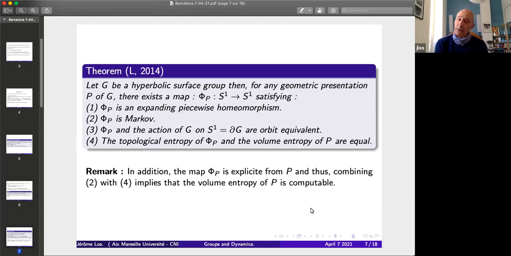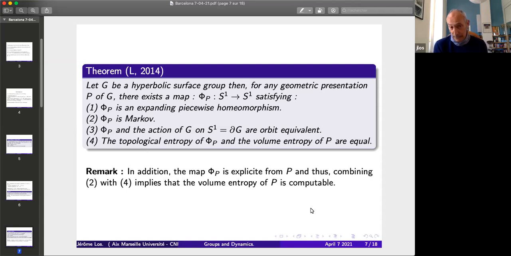The statement is that there exists a map that depends on the presentation, phi_P from S1 to S1, with essentially the same properties as in the Bowen-Series theorem, but a little bit different. The first one is that you cannot expect the map to be Möbius, but the best you can expect is that the map is piecewise homeomorphism, and in this case, it's expanding. I'll explain a little bit what that means.